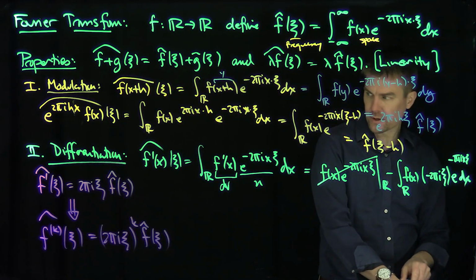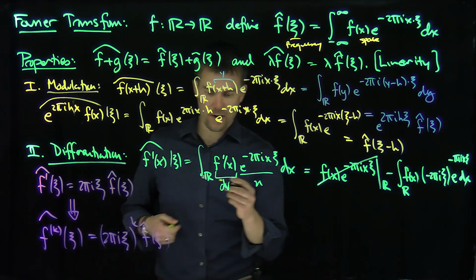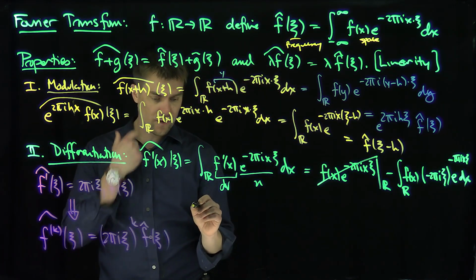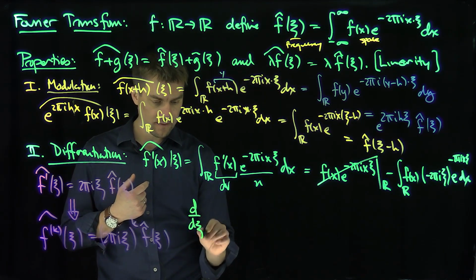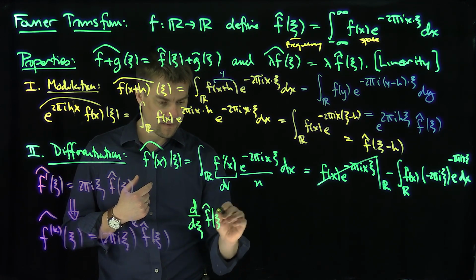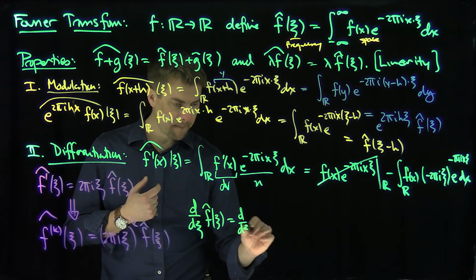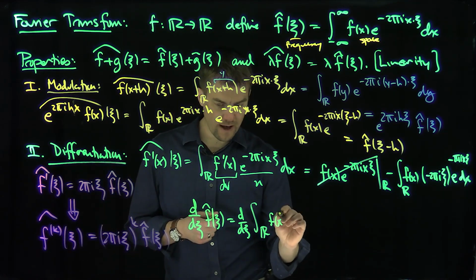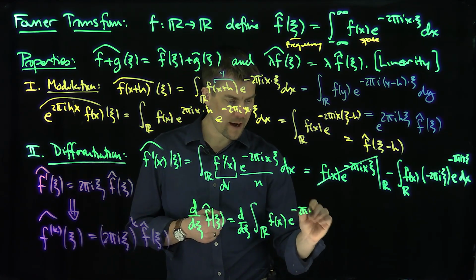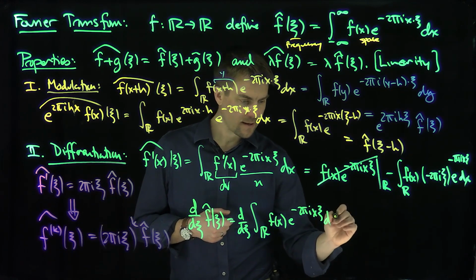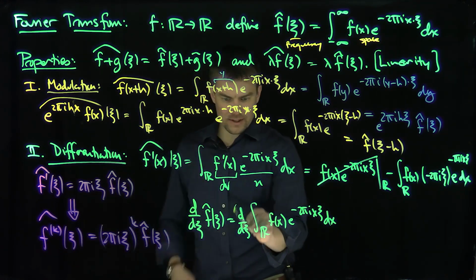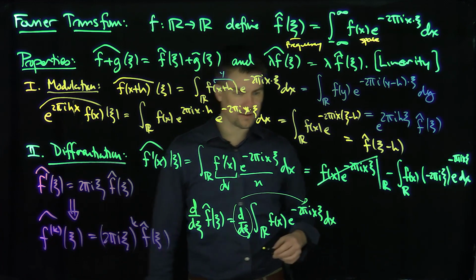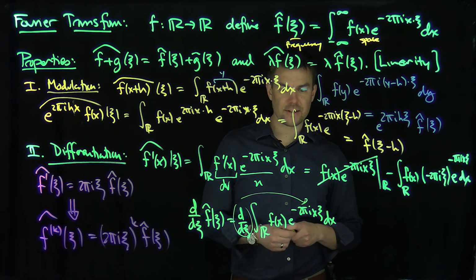And then what's the last property we'll discuss? The last property we have that we're going to discuss with differentiation is that if we do the derivative of the Fourier transform, so I do d by d xi of f hat of xi, that's d by d xi of the integral over R of f of x e to the minus 2 pi i x xi dx. And so if we bring this xi derivative inside here, I'm going to have a 2 pi i x that comes out, right?